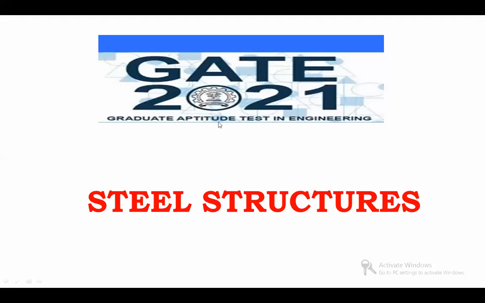As far as steel structure is concerned, if you refer to the previous GATE question papers, you will see the maximum questions were asked on plastic analysis, maybe for 1 mark or maybe for 2 marks.